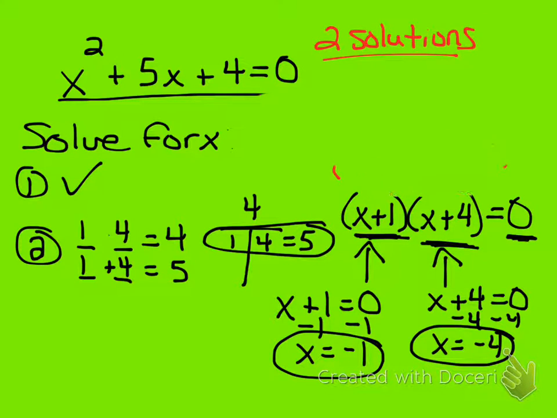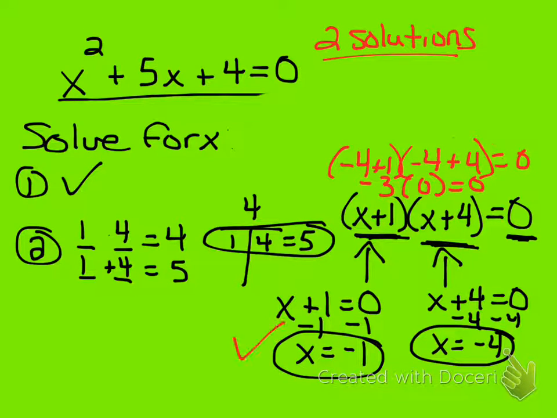Okay, try again, plugging in the other one. Plug in a negative 4. Negative 4 plus 1, negative 4 plus 4. And again, I'm going to be multiplying times 0. So negative 3 times 0 equals 0. So these are the two solutions that make this equation true.